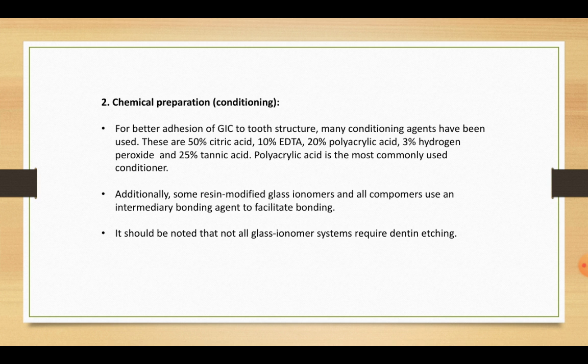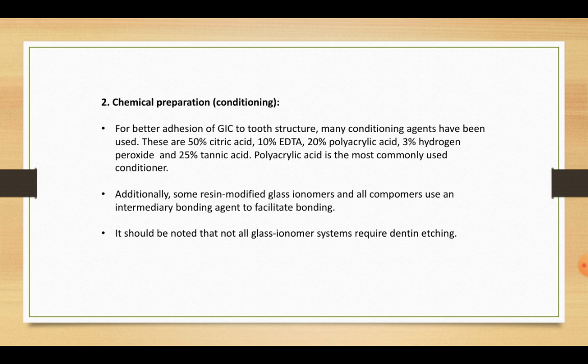Additionally, some resin modified glass ionomers and all compomers use an intermediary bonding agent to facilitate bonding, because these kinds of materials are treated like composites.